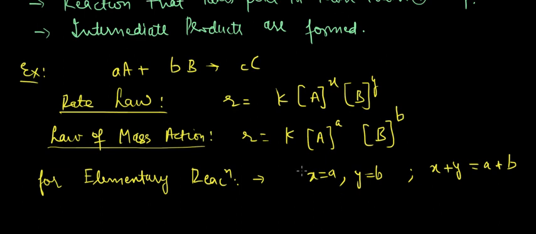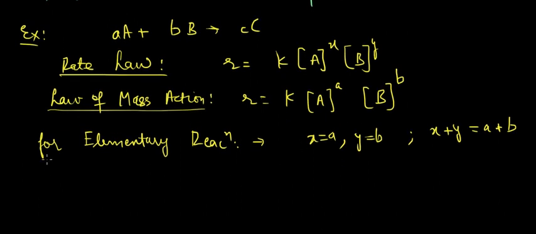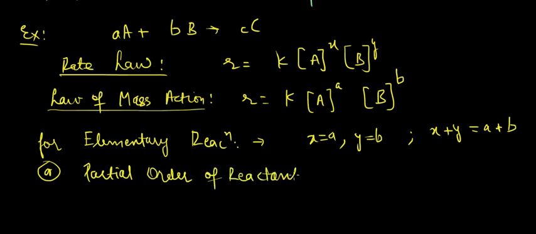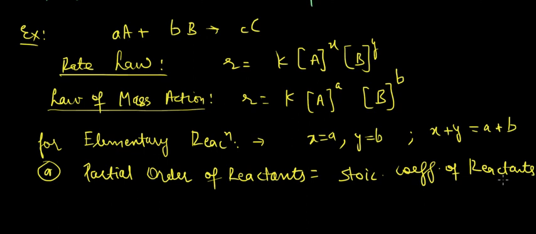The partial order of reactants, which is x and y, is equal to the stoichiometric coefficient of reactants. So this is for elementary reactions.